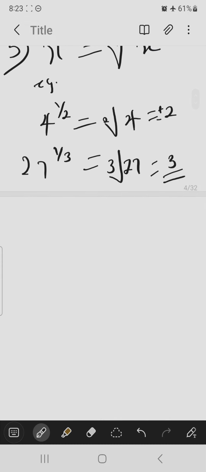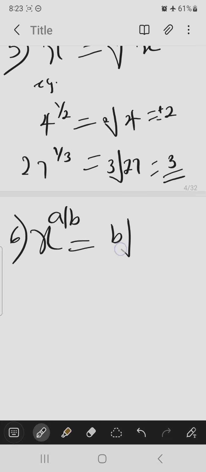So now, let's say we have rule 6. x raised to power a over b is going to be the b-th root of x raised to power a. Let's say we have 4 raised to power 3 over 2.